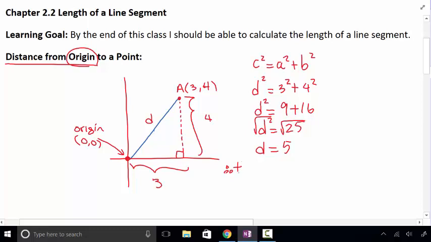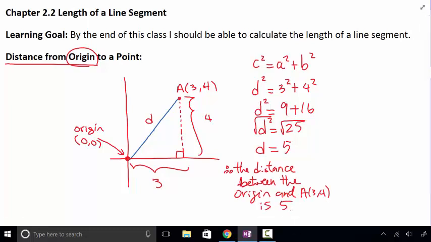Therefore, the distance between the origin and A, which is 3, 4, is 5. Now 5, whatever, 5 units. Okay?